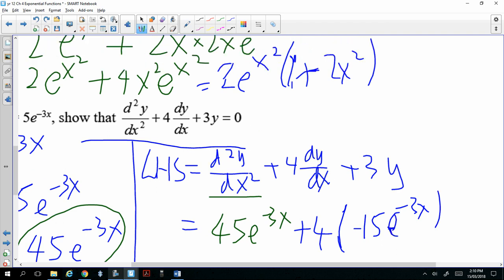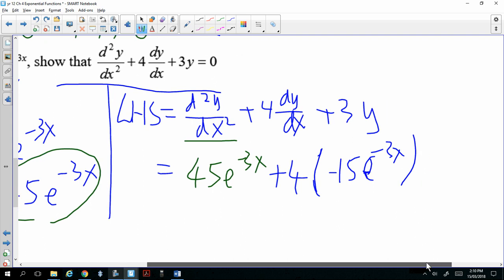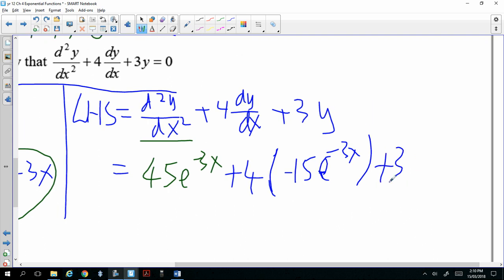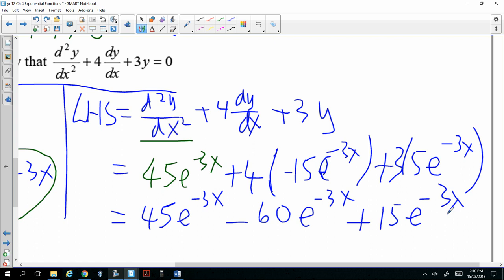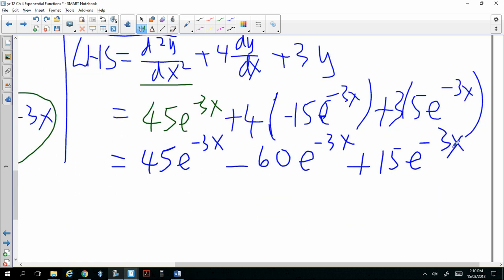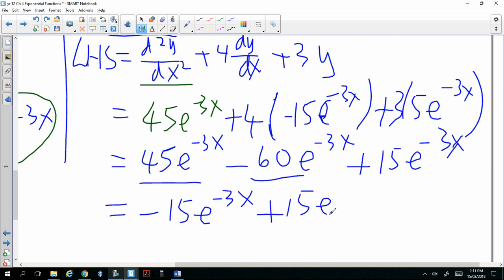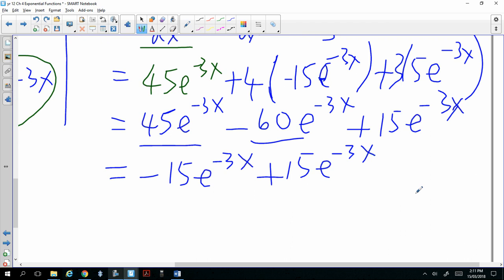The y is 5 e to the power negative 3x. And what you need to do is to simplify it. Minus 60 e to the power negative 3x plus 15 e to the power negative 3x. And if you collect like terms, these two, minus, to get negative 15 e to the power negative 3x plus 15 e to the power negative 3x, which becomes 0. And 0 is the right-hand side. So we showed that it worked.